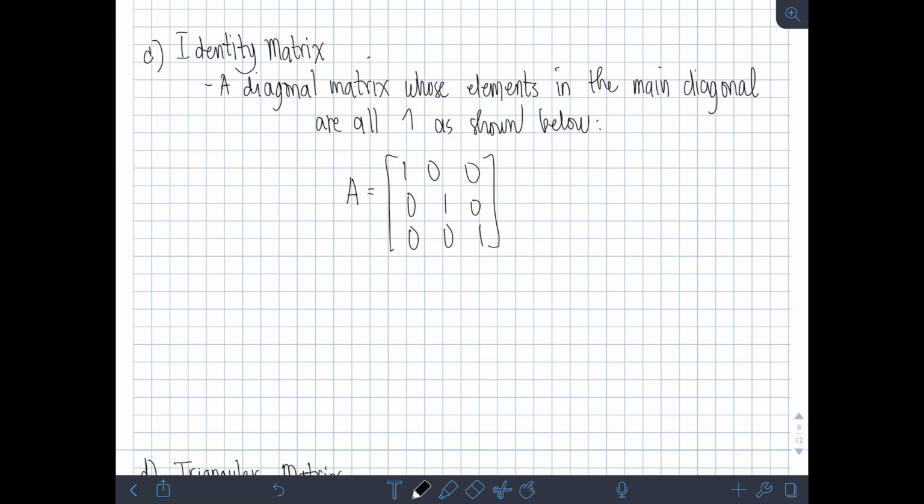Next, identity matrix. A diagonal matrix whose elements in the main diagonal are all 1 as shown below. So, this time, special case siya ng scalar matrix kasi dapat yung diagonal niya laging 1 lang. So, diagonal matrix din siya kasi yung elements other than the diagonal ay puro 0.